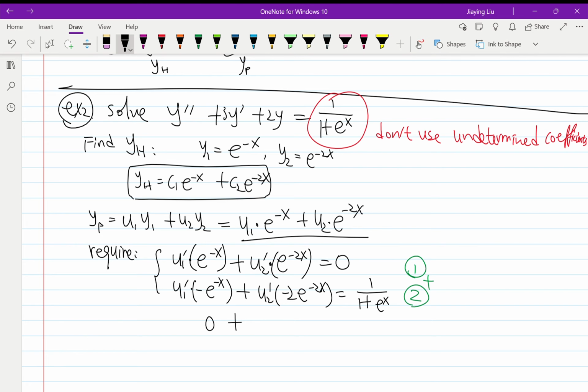So if I add 1 to negative 2, I get minus 1, so I get negative u2 prime e to the negative 2x. The right hand side is just 0 plus 1 over 1 plus e to the x, just the way that whatever is there. Any questions?